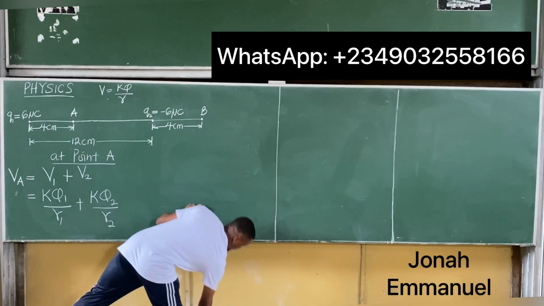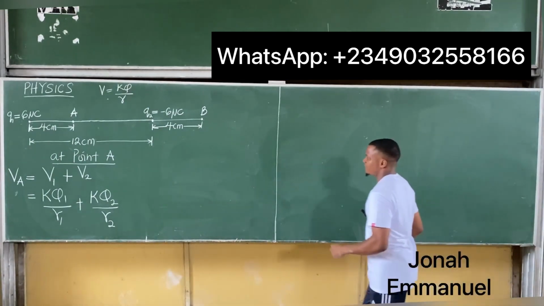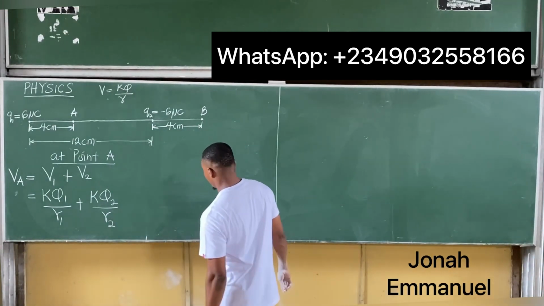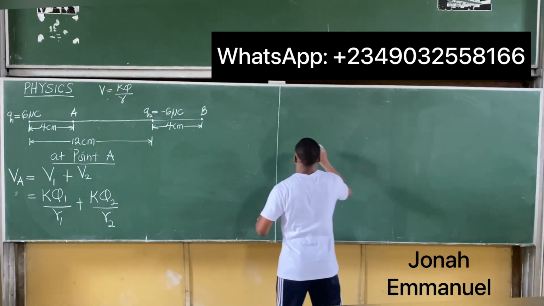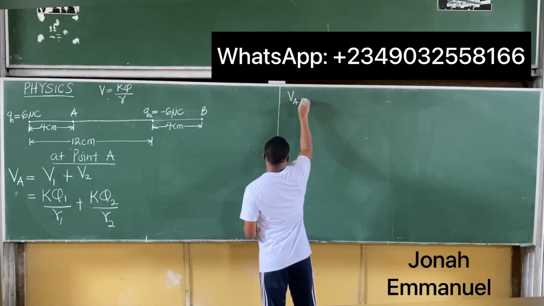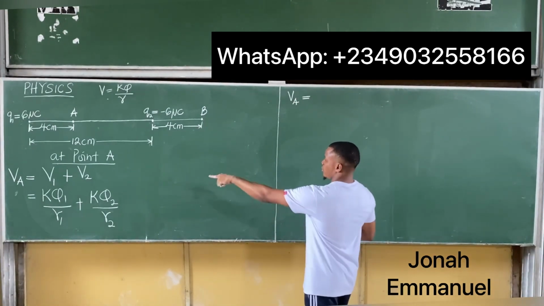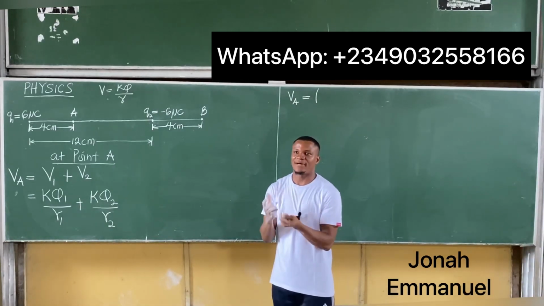Let me see if I can manage here. So V at A is equal to V1. V1 becomes k. That's okay. Let's do a bit of mathematics.